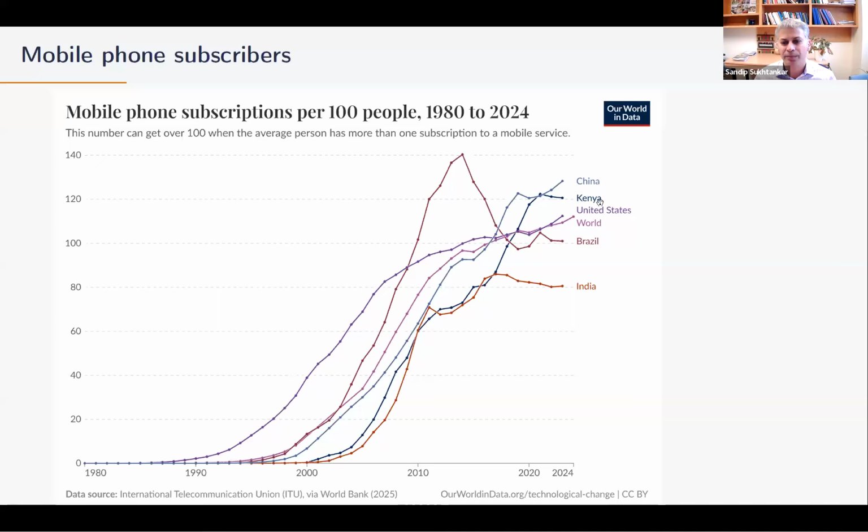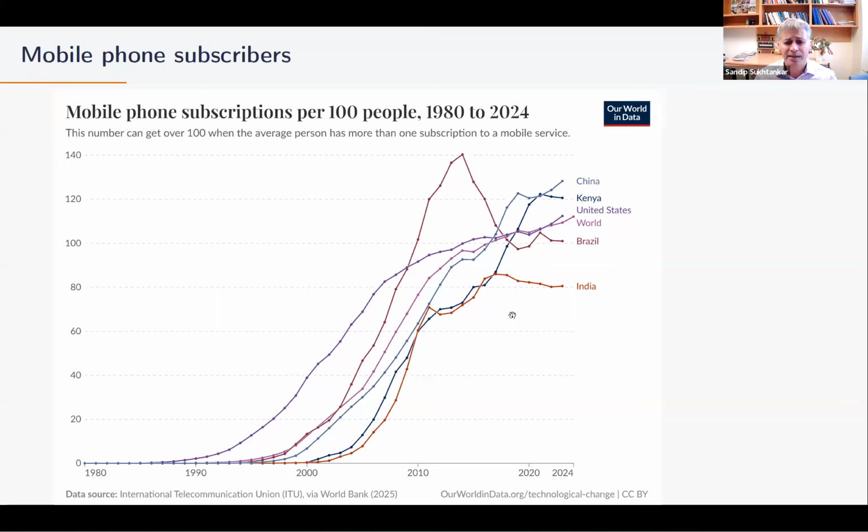To the extent that places like Kenya now have more mobile phone subscribers per 100 people than the United States, right? So maybe China's not that surprising. Maybe Kenya is, not to people who live there or people from sub-Saharan Africa, but to other parts of the world. Maybe this is a little bit surprising.